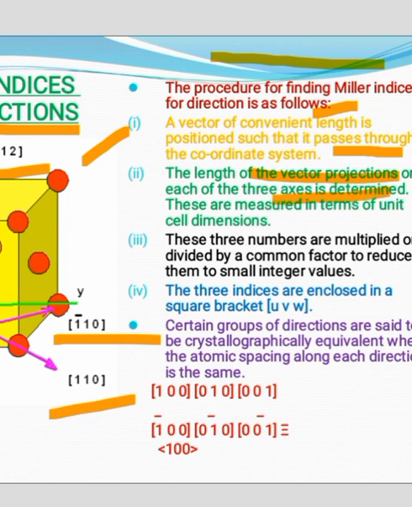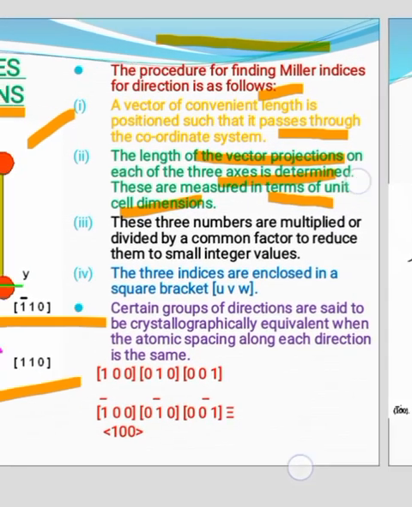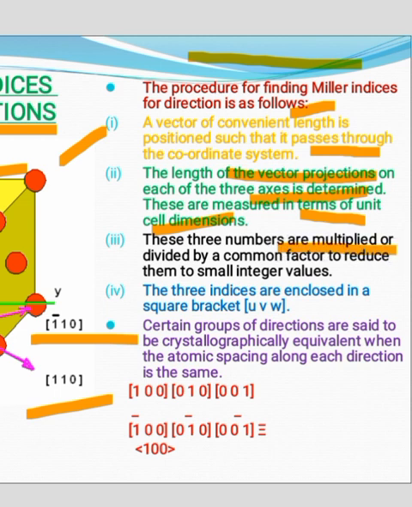These are measured in terms of unit cell dimensions. These 3 numbers are multiplied or divided by a common factor to reduce them to integer values. The 3-dimensional indices are enclosed in square brackets, [UVW].